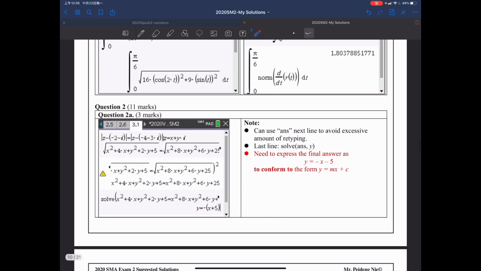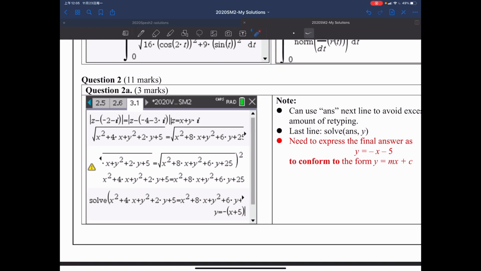The approach I adopted is on the CAS calculator, primarily substituting this z into the expression, and the CAS will directly give you the expanded form, including 2 square roots. Then you square both sides to get rid of the square roots.